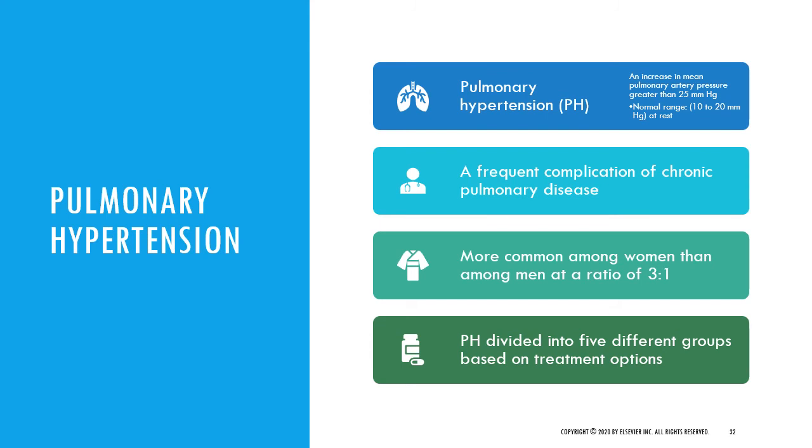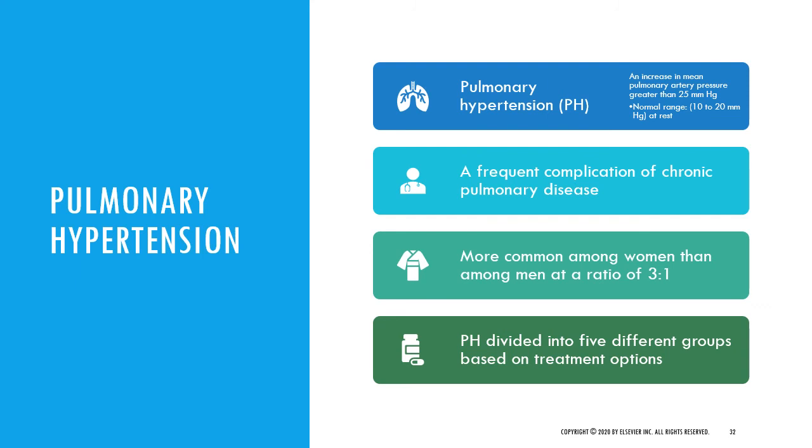The World Health Organization divides pulmonary hypertension into 5 different group classifications based on the cause and treatment options. Group 1 is pulmonary arterial hypertension, or PAH. Group 2, pulmonary hypertension because of left heart disease.